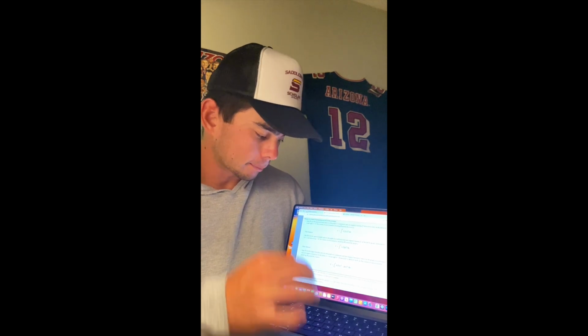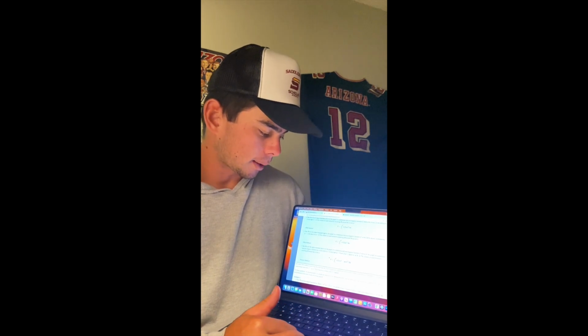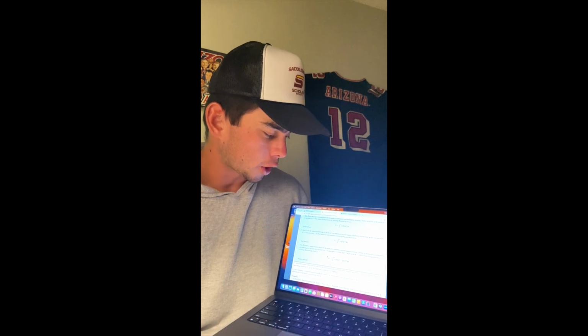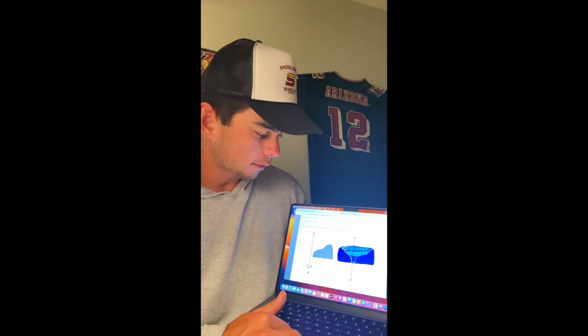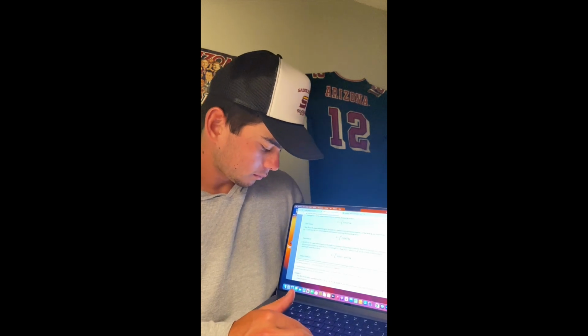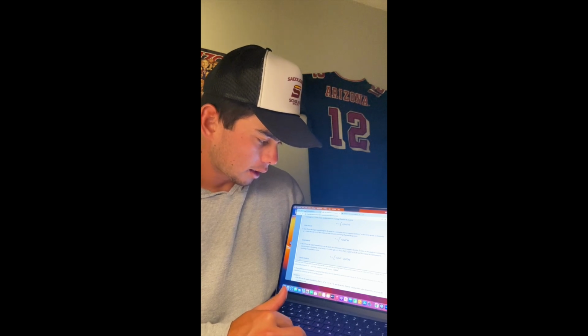By furthering this equation, we can get a grasp, we can solve for what the volume is of this region right here, which was originally this, after we then flipped it around this line. And this is called the washer method.